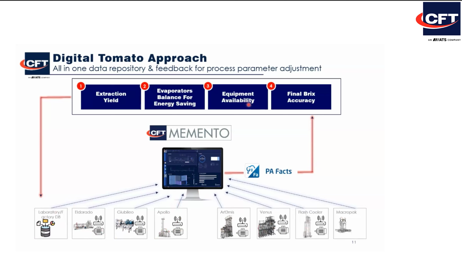We might access some data from the steam tables or other sources, and through algorithms we come out with the feedback that adjusts the processing parameters to maximize yield and energy savings.